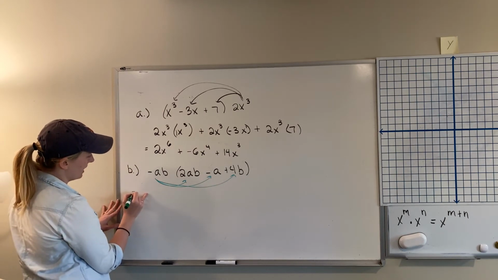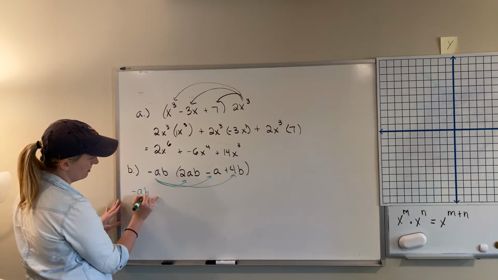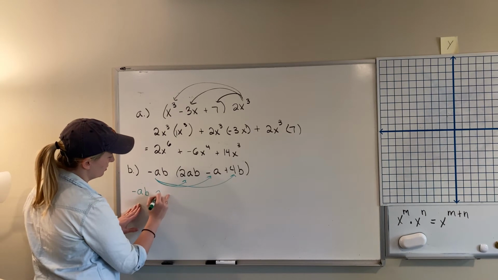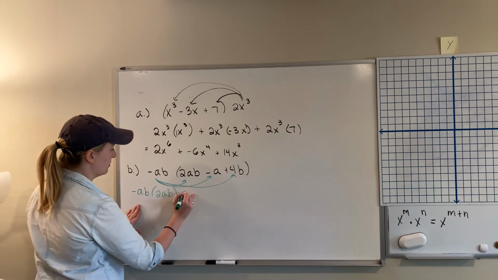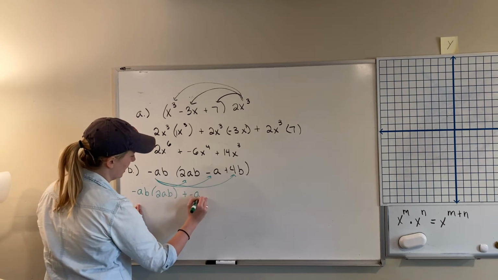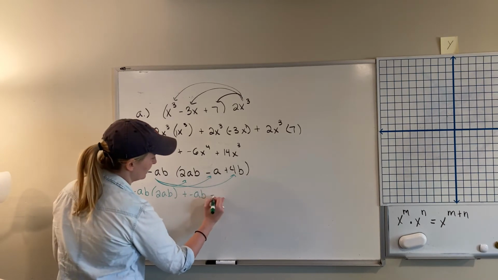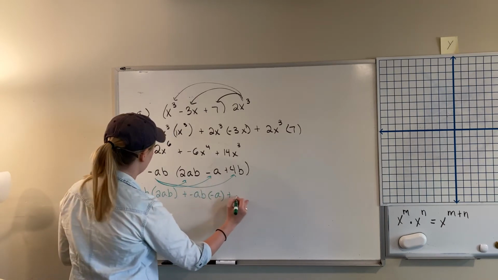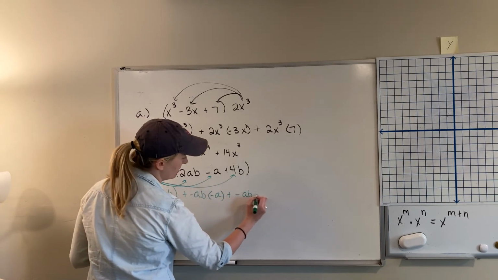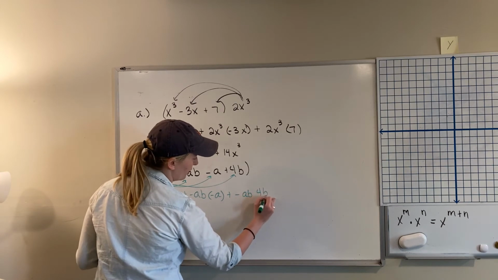So starting with negative AB times 2AB, plus negative AB times negative A, plus negative AB times 4B.